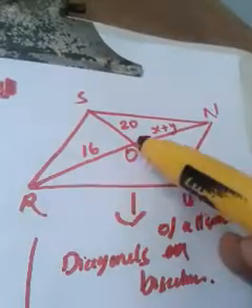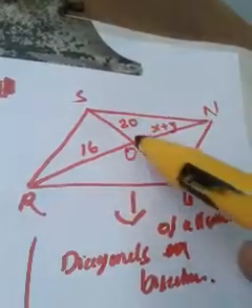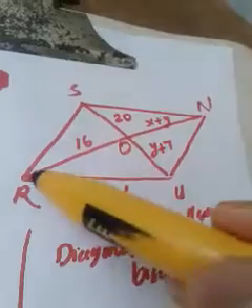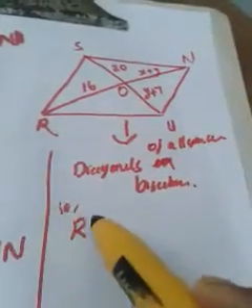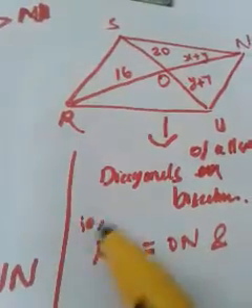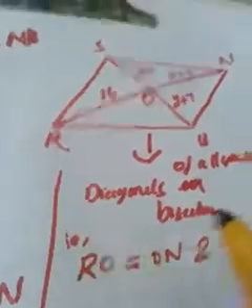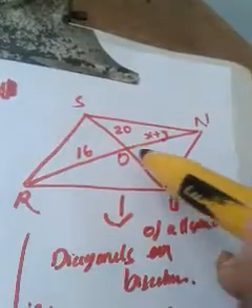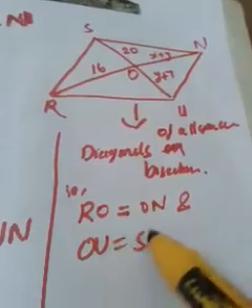We already discussed this part should be equal to this part and this part should be equal to this part. That is what diagonals are bisecting. RO should be equal to ON, and mathematically OU should be equal to SO.